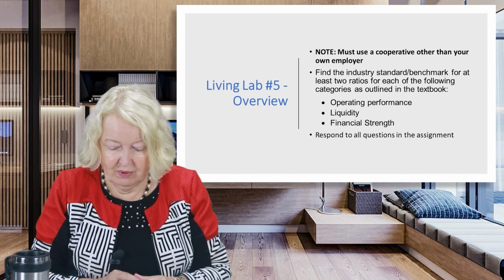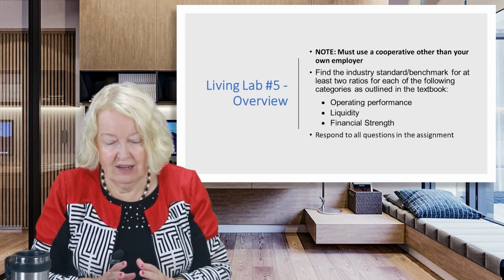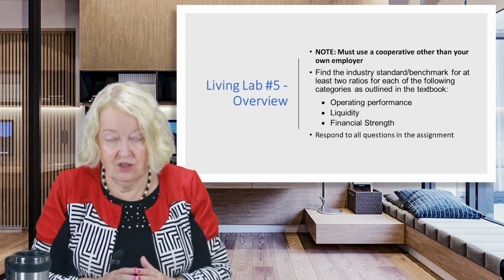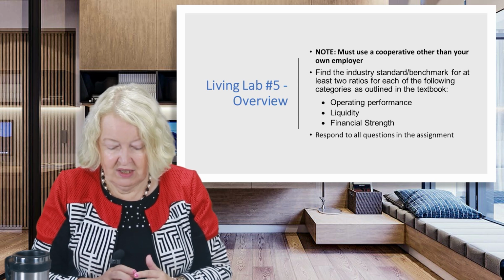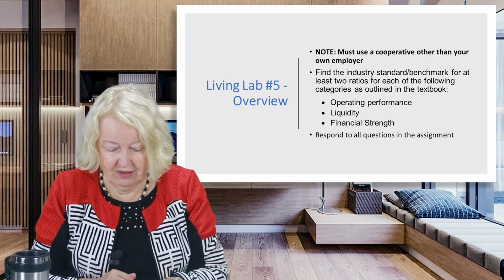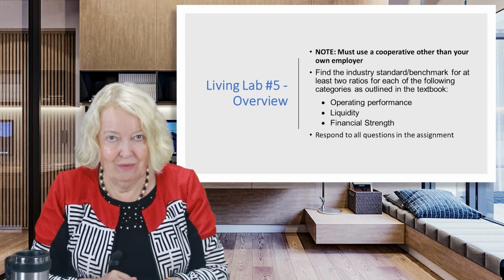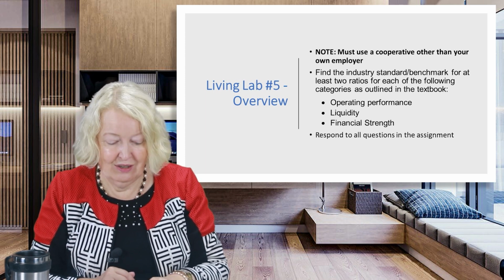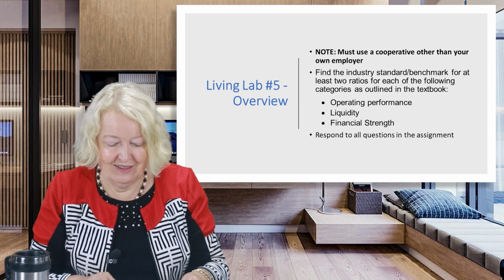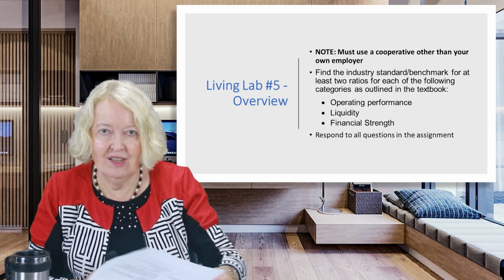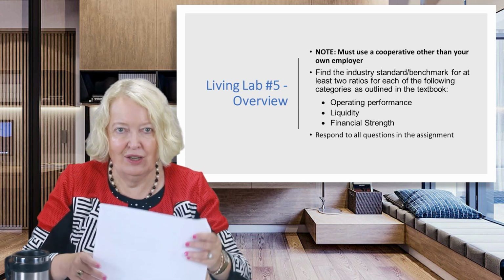Here we want you to look at an industry standard or benchmark for at least 2 ratios from each of the 3 categories, and then discuss what it's telling you about the cooperative that you're analyzing. So this concludes the video for Module 5.